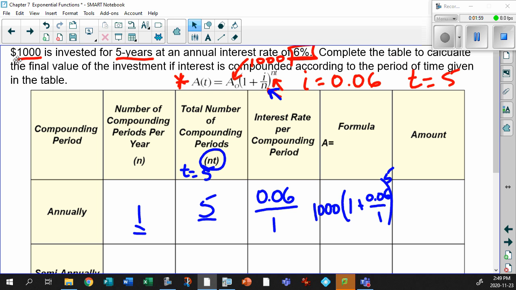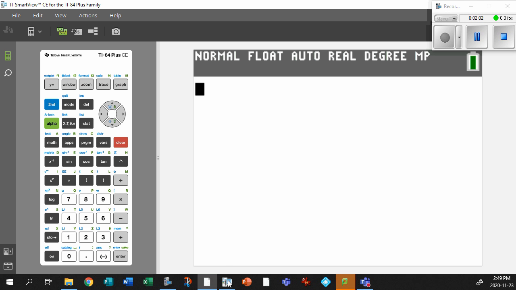What we're going to do here is we'll just pop into our calculator, 1,000, there it is, bracket, 1 plus that interest rate, which was 0.06 over 1. So I'm just going to put down 0.06. And we're going to take that to the number of total compounding periods for the 5 years, which just happens to be 5. Okay, 1 times 5, 5.